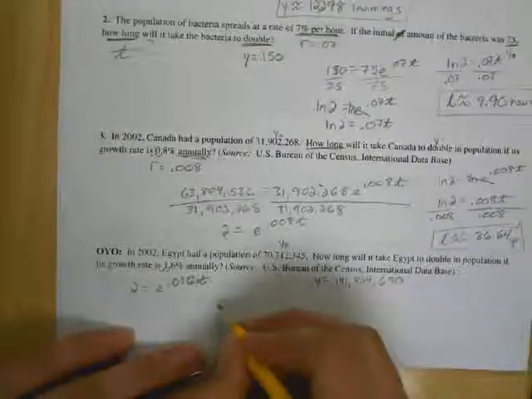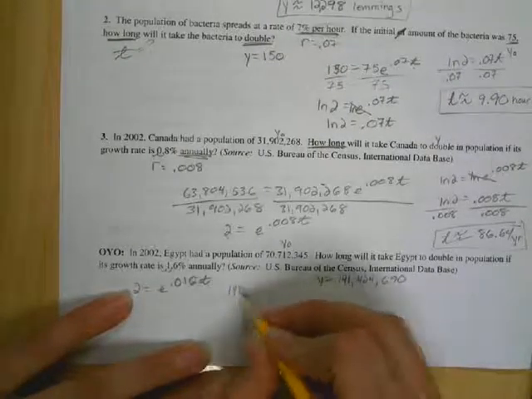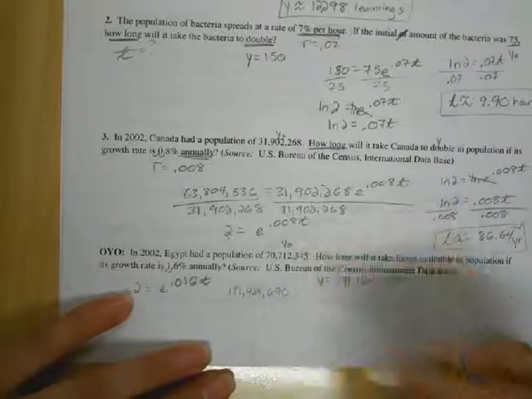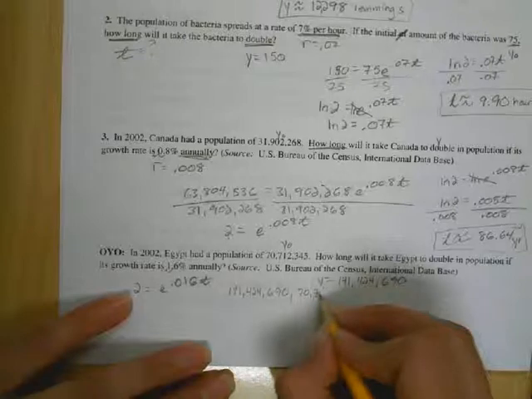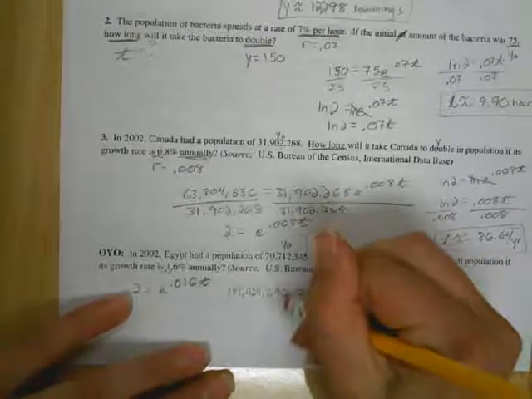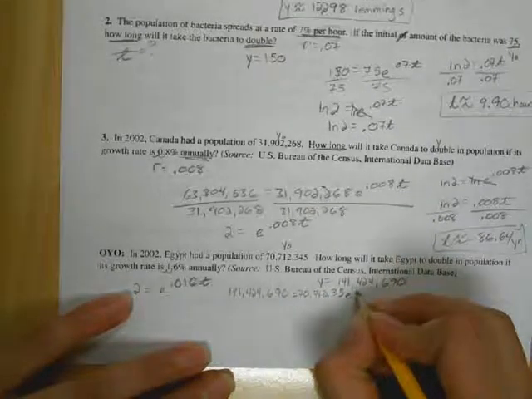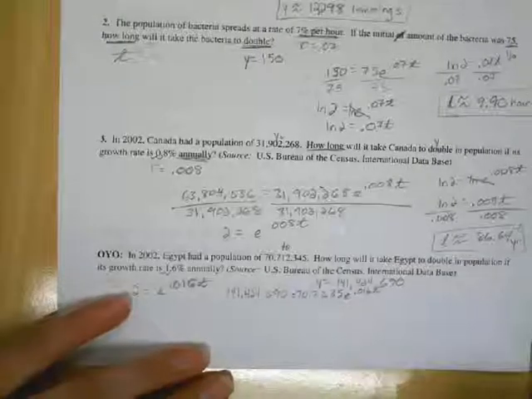So if I didn't skip ahead to this, then I would get 141,424,690 equals 70,712,345 times e to the 0.016t. Really big numbers.